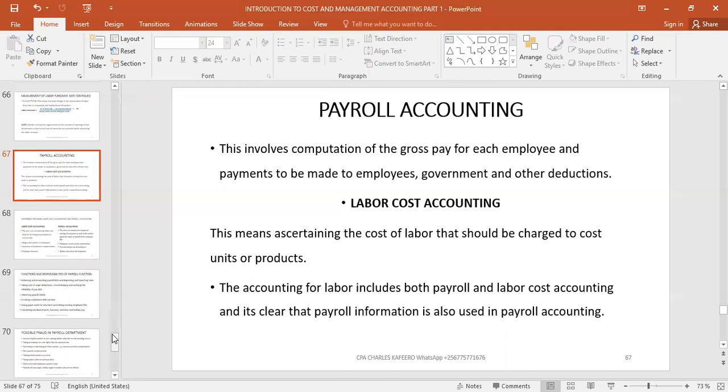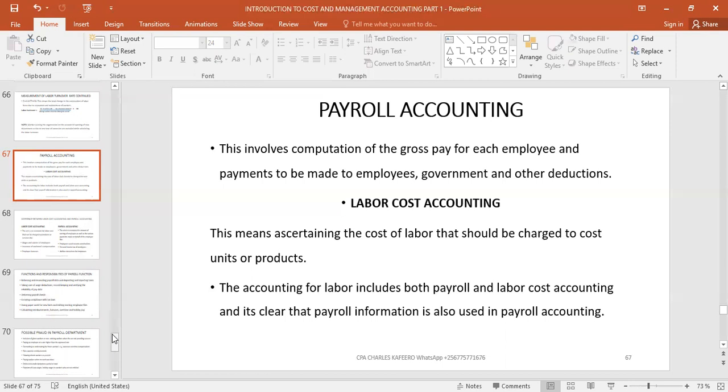Those are the ones. Payroll accounting and labor cost accounting are different in the sense that for payroll, we are only looking at how to accumulate the gross pay of someone, and we deduct the statutory and non-statutory deductions that are supposed to be removed from someone's basic salary.